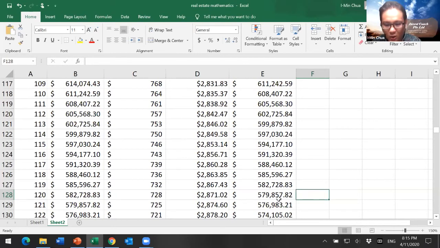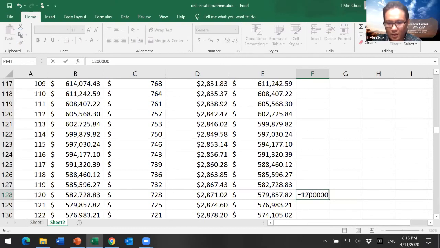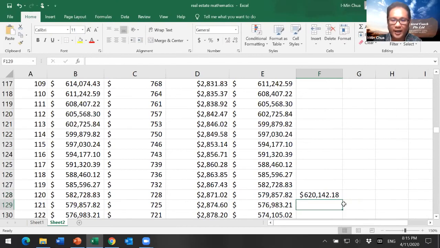Can you see that now your loan amount is only 579? So you get 1.2 million minus this. You can cash out over 600,000, even if property price didn't increase.